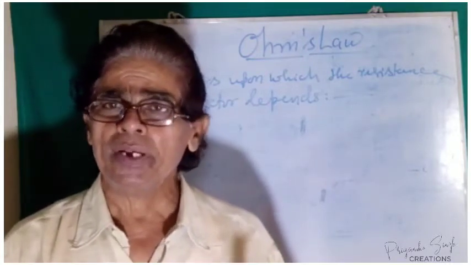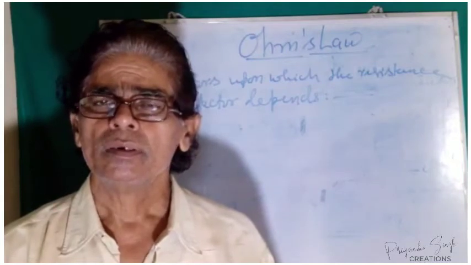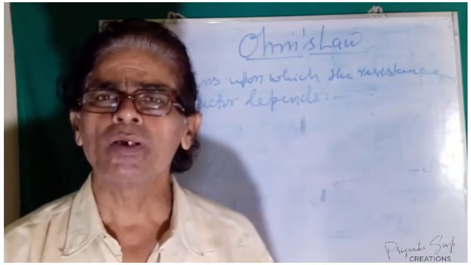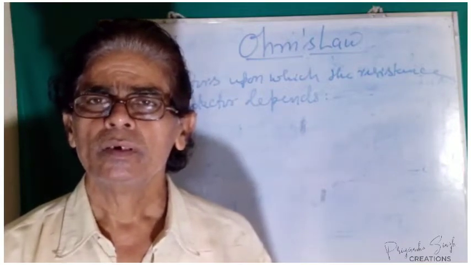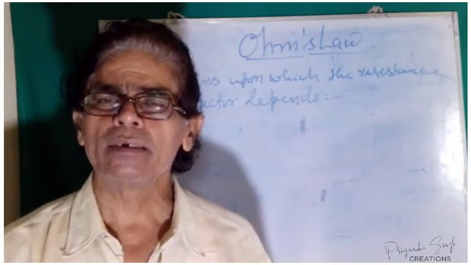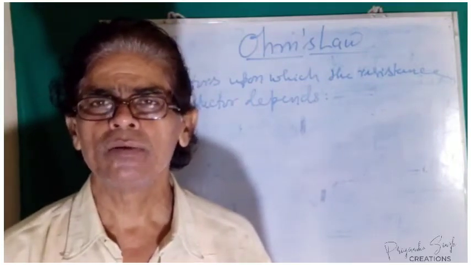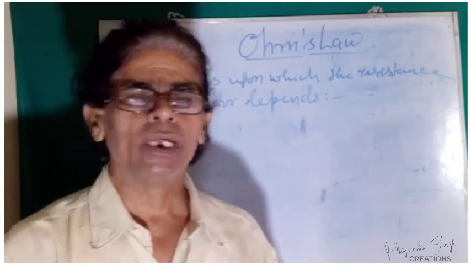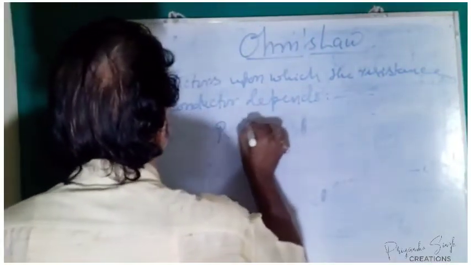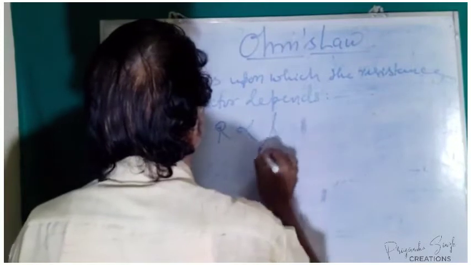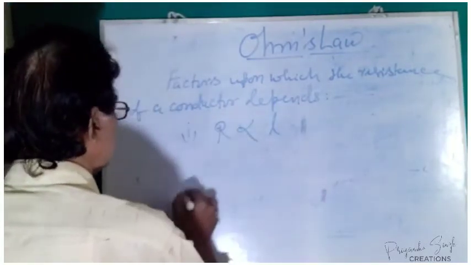So if we reduce the length of the conductor to half of the original length, its resistance gets reduced to half of the original resistance value. So we see here, first of all, R is directly proportional to L.